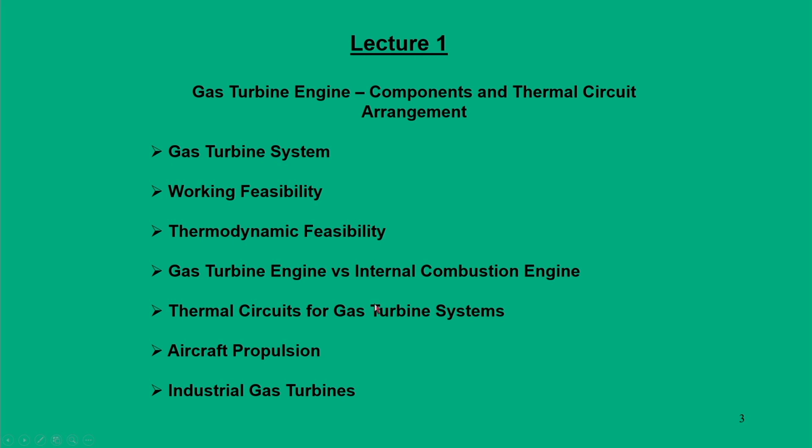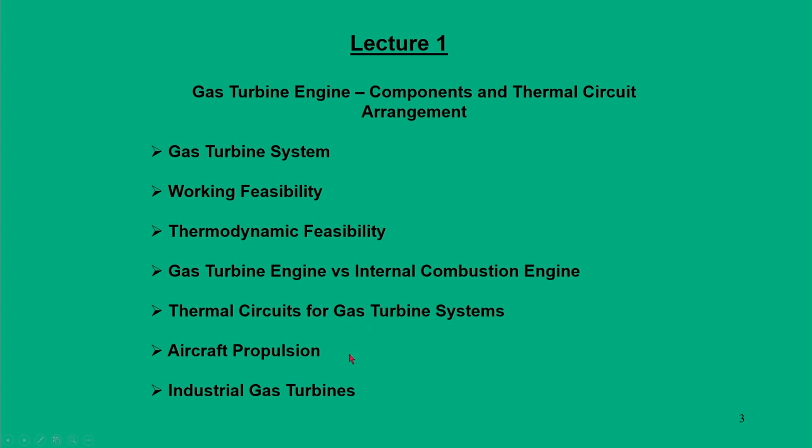Then we will move on to different thermal circuits. By thermal circuit I mean different components of a gas turbine engine are arranged in a particular fashion to have the complete cycle. So, this is known as the thermal circuits for gas turbine systems.